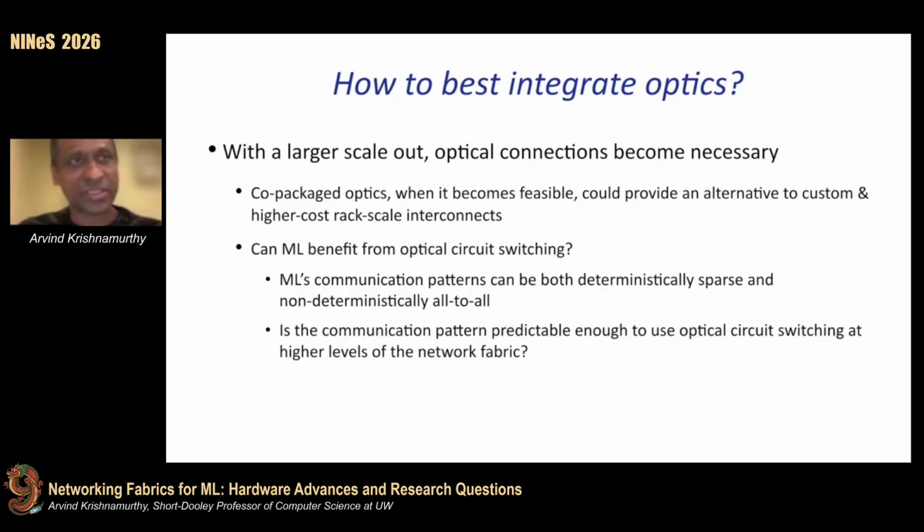But the real interesting question from a computer science perspective is whether ML can actually benefit from optical circuit switching. What I mean by that is that with circuit switching, you can support only sparse communication patterns. And if something has a deterministic and sparse communication pattern, we can take advantage of that. ML has a lot of deterministic and sparse communication patterns, but it also has a lot of non-deterministic all-to-all communication patterns as well.